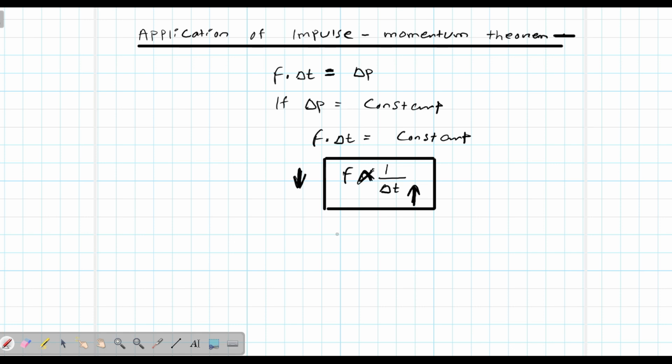So first application says कि या फिर first example says कि person falling from a certain height on a concrete floor experiences maximum force than on a heap of sand.